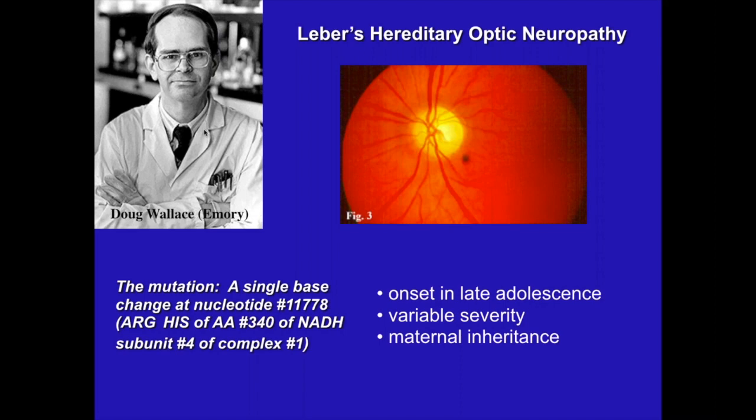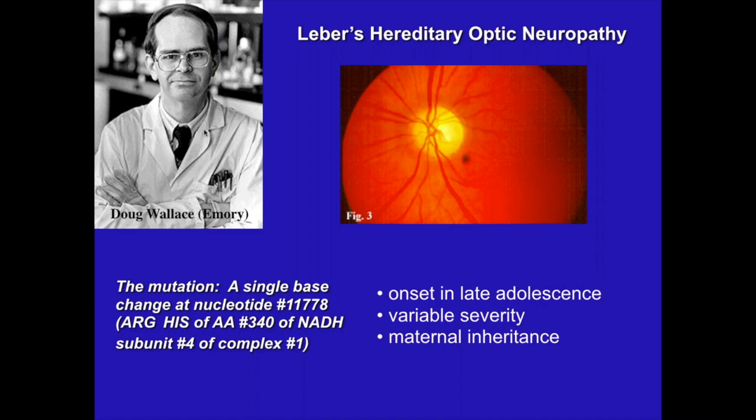Here's the deal. What that change meant was that that particular enzyme in the mitochondrial electron transport chain was just a little bit less efficient in making ATP. Well, it turns out the cells of the optic nerve have some of the highest demands for ATP in the whole body. So when these people had a mutation that made that less efficient, many of the cells in the optic nerve couldn't keep up with the demand for ATP.